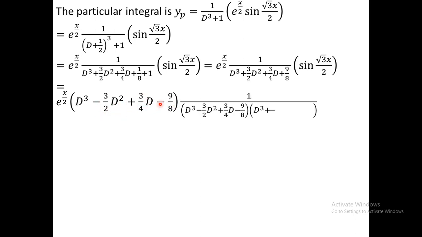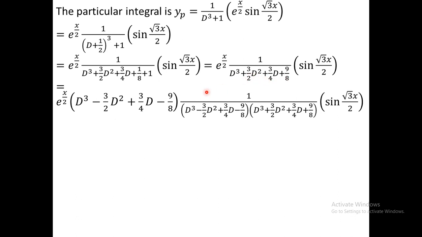What is the rule? Just take this term, changing the sign of coefficients of either even terms or odd terms, in the sense of power. Here I change the sign of the coefficients of D square and the constant.